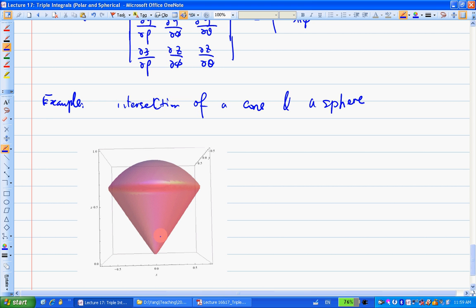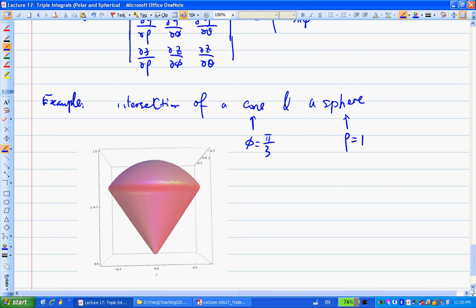The bottom here is the cone, which is phi equal to pi over 3, and the top is the sphere, which is rho equal to 1.